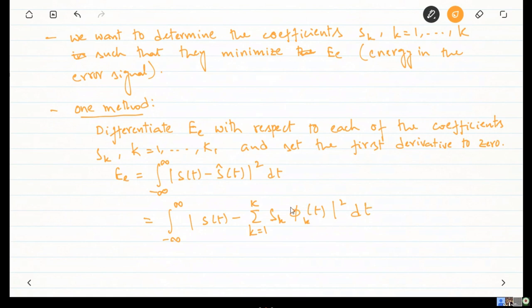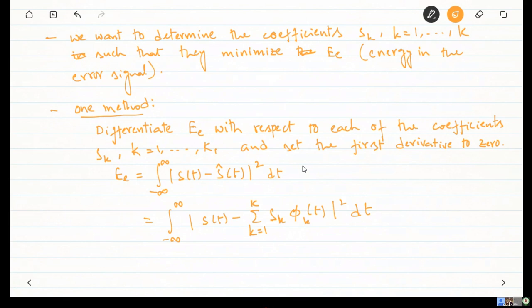So what we are trying to say is that you differentiate this expression. You first differentiate with respect to S1, set the first derivative to 0 and find S1. And then you will be having K equations when you differentiate with respect to each of the coefficients, and then find the optimal coefficients. So this is a very laborious, very lengthy process, so we won't use this approach. This is one of the standard approaches.